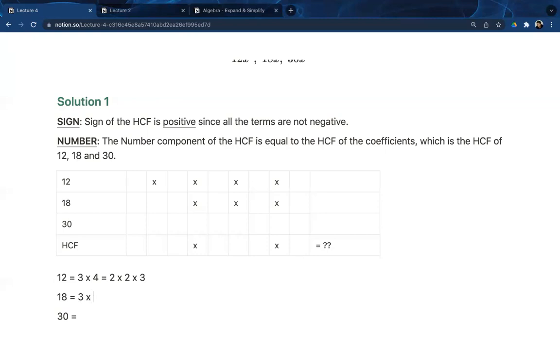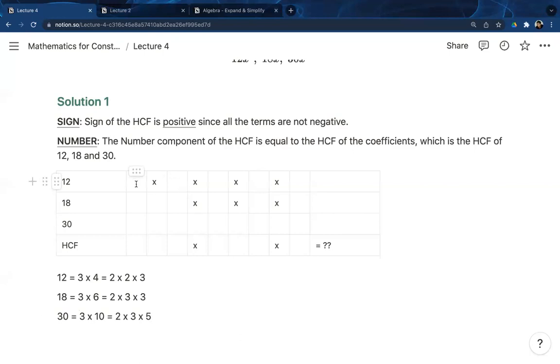18 is 3 by 6, and 6 is 2 by 3. So this is 2 by 3 by 3. 2 times 3 is 6, times 3 is 18. 30 is what? 3 by 10, and 10 is 2 by 5. So this is 2 by 3 by 5. That's the prime factorization. So up here, I would write the 2 by the 2 by the 3.